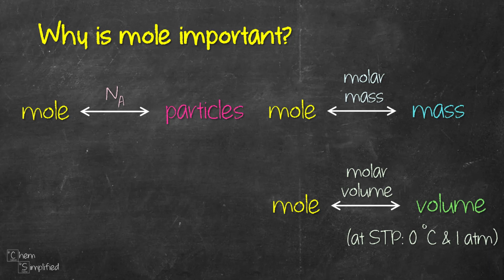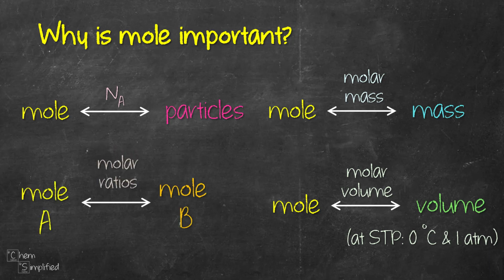So now we can also connect moles of one substance to moles of another substance. And we do that using something called molar ratios, which we can easily get from the chemical formula or from the balanced equation. An example is going from moles of carbon to moles of CO2. Notice carbon and CO2 are 2 different substances.